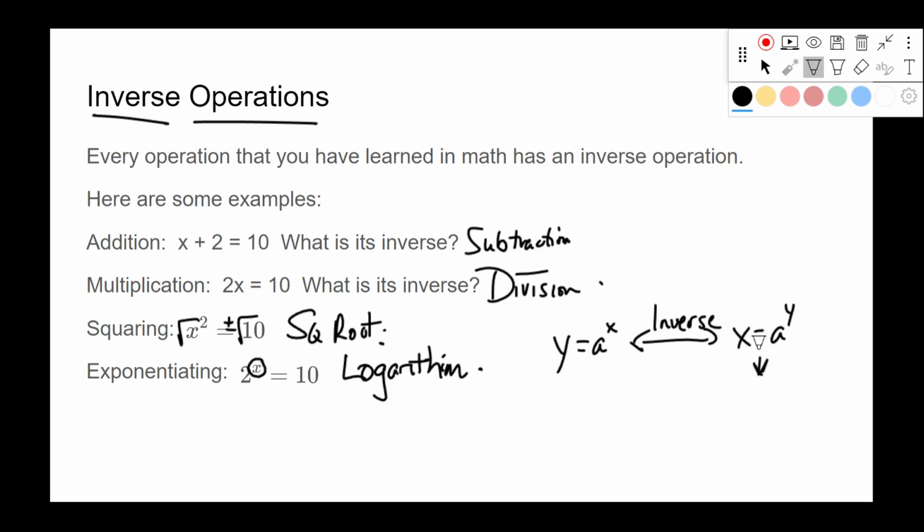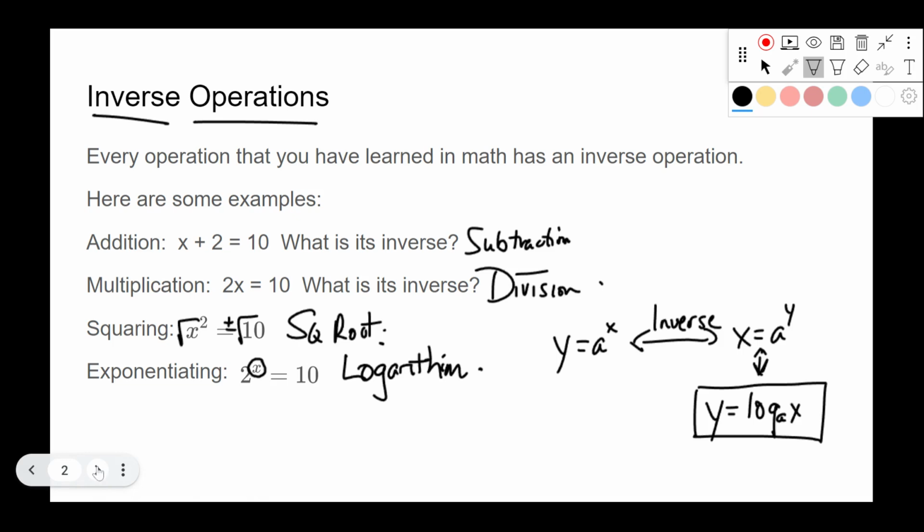And instead of writing x is equal to a to the y, we can also write y equals log of x with base a. This is what a logarithm is. That's what it does. It is the inverse of the exponential function.